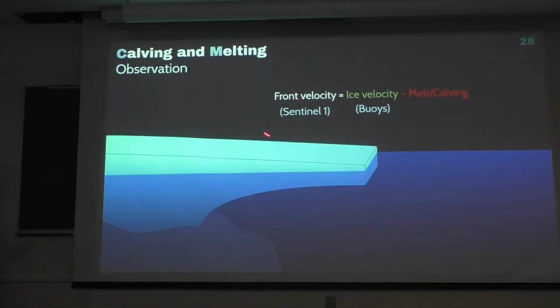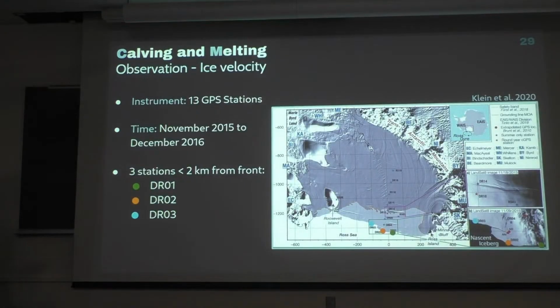And so we have the front velocity from the satellite, and maybe we can get the ice velocity from somewhere else. And luckily for us, there is a paper published in 2020 about field work they did in 2015, when they put 13 GPS stations at the front of the shelf. And luckily for us, 3 of these stations, blue, orange, and green here, are located very close to the front, less than 1 kilometer.